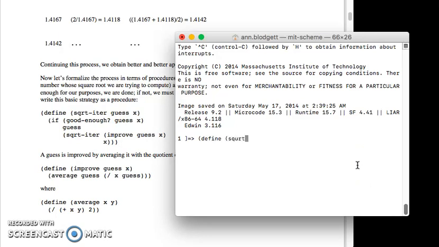Define (sqrt-iter guess x): if (good-enough? guess x), then guess; otherwise (sqrt-iter (improve guess x) x).